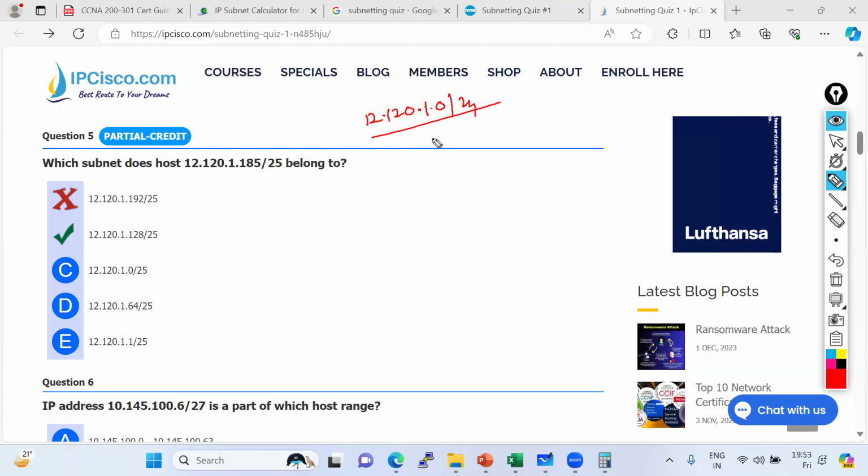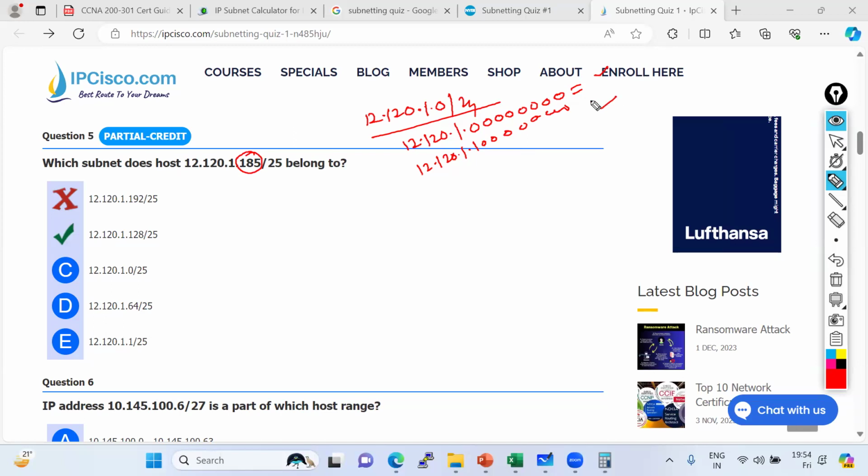The first one will be 12.120.1.0, and the second network is 12.120.1.128. So this IP, where is it going to belong? Which network will you give the 185 IP address? This one or this one?